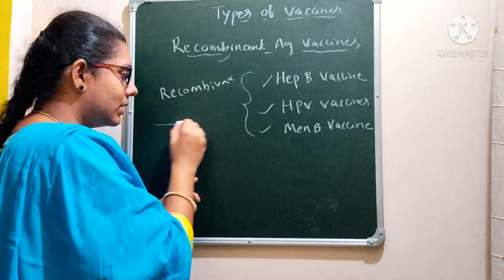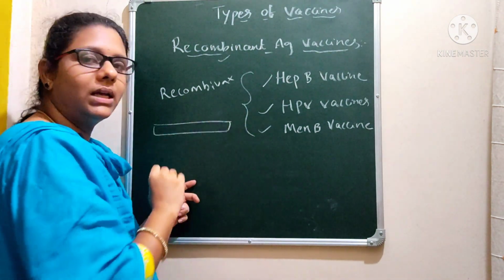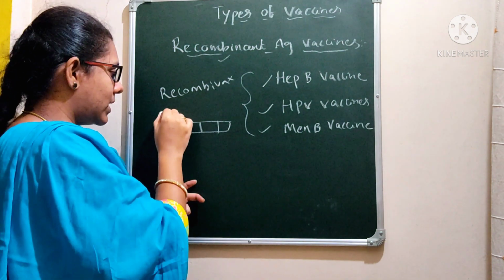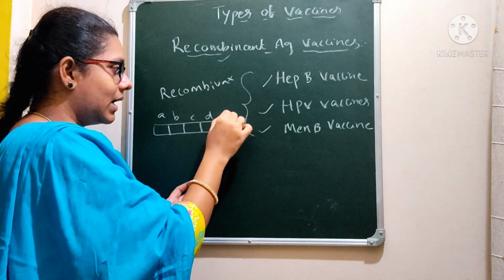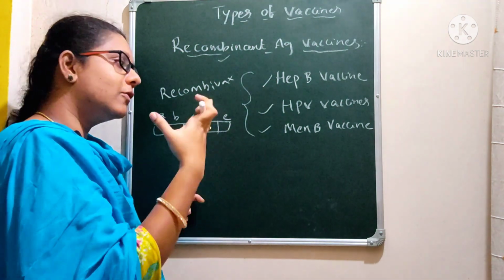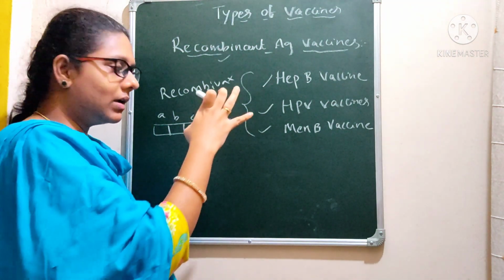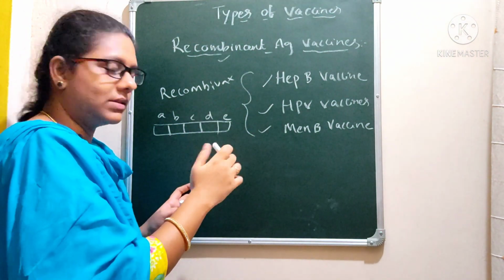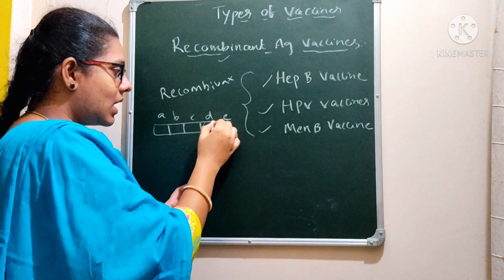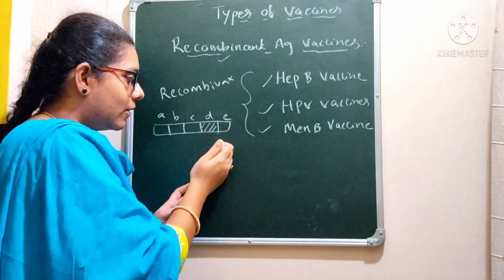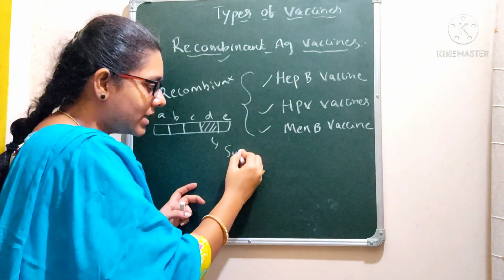For example, this is the genetic material of a virus which has a set of genes, for example A, B, C, D and E. It will have a number of surface antigens. For example, we target a specific viral antigen, that is the surface antigen. Suppose we are interested in cloning this gene D which codes for the surface antigen.